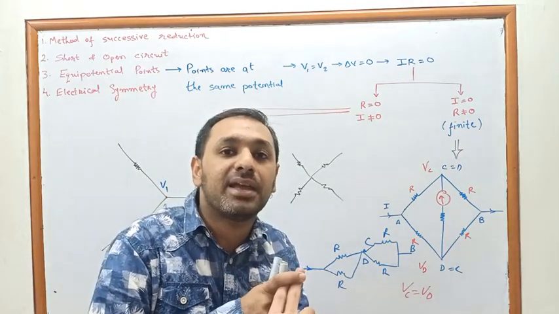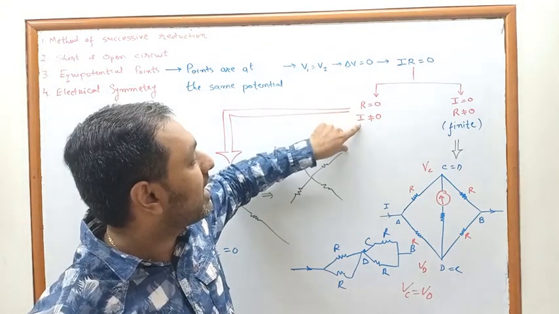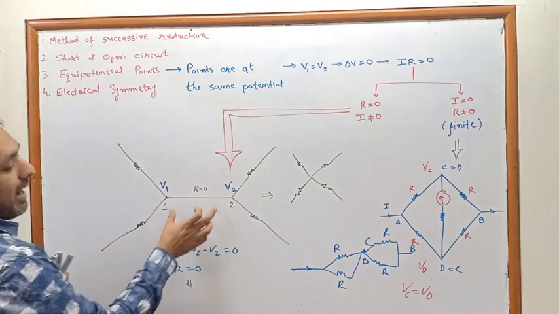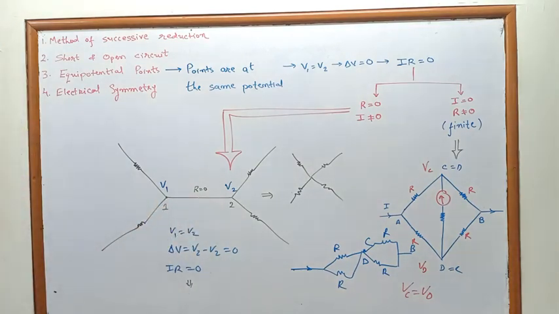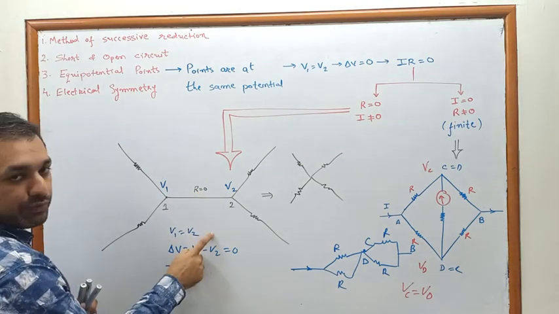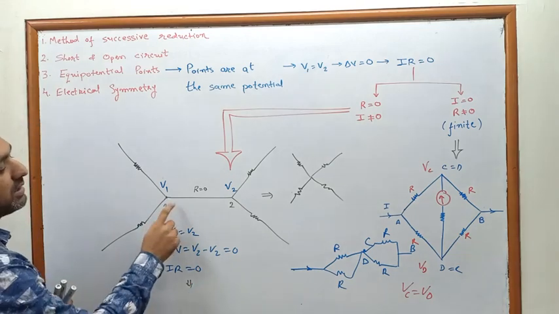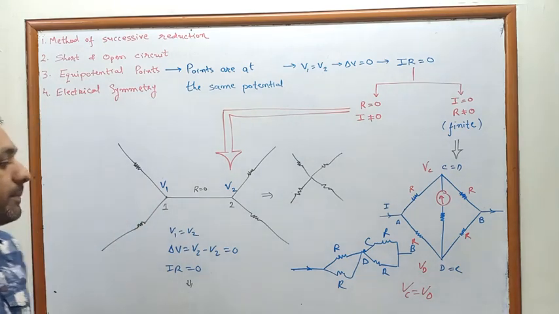If the product of I and R is 0, then if R is equal to 0 and I is not equal to 0, the product is also 0. R is equal to 0 means you join these 2 points by a conductor whose resistance is 0. So V1 is equal to V2, delta V is equal to 0, then IR is equal to 0. Then 1 and 2 are equipotential points and you can join them.